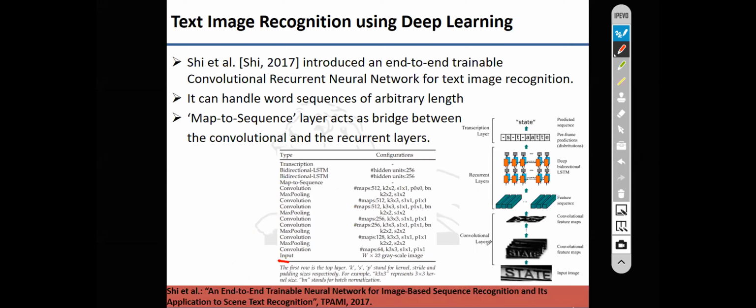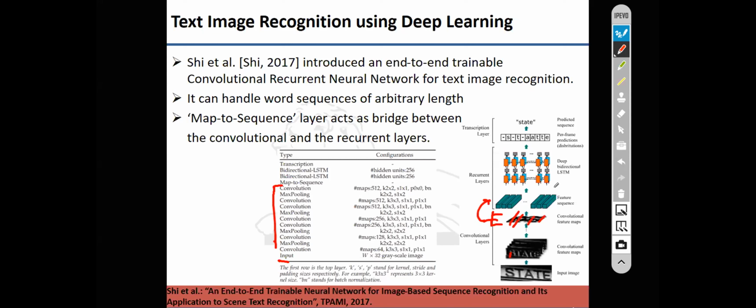After that there is a set of convolution layers, convolution and max pooling, and then we have the feature maps. From these features we extract a sequence, we convert these features into sequence levels. These are the columns, all these columns are extracted.